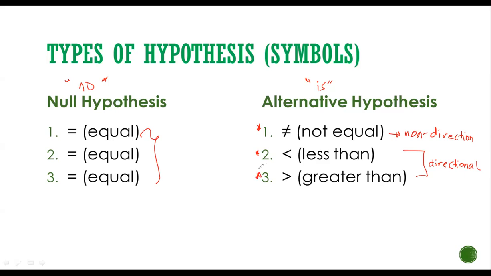Okay? And further, if your alternative hypothesis is not equal, you utilize not equal sign. This is we utilize your two-tailed test.